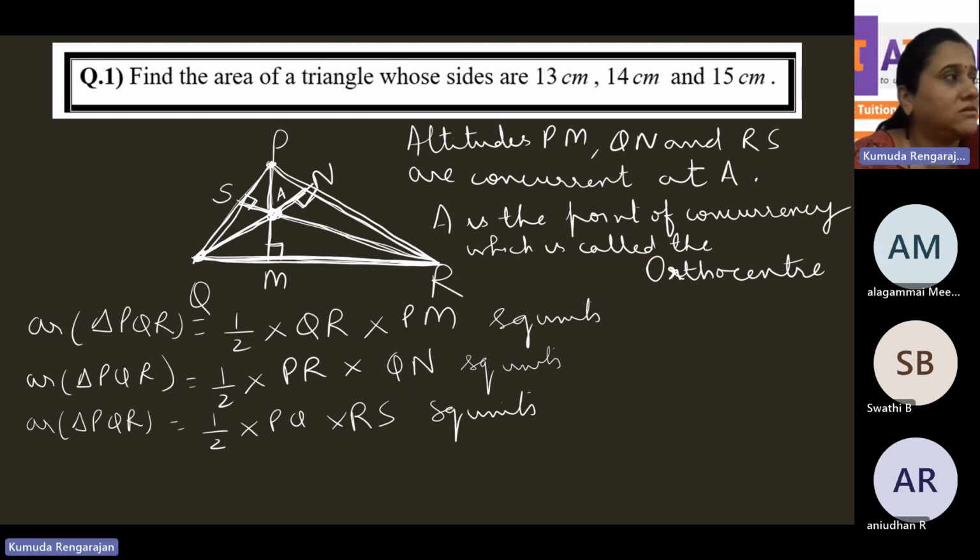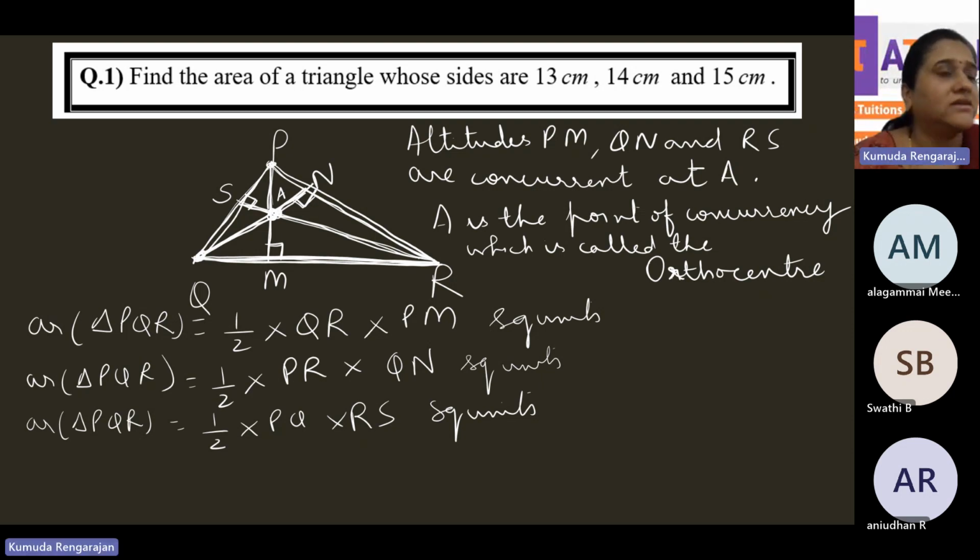So what is the orthocenter? It's the point where the altitudes meet. In any triangle, the three altitudes will pass through the same point.